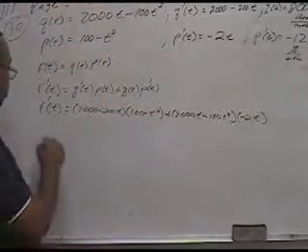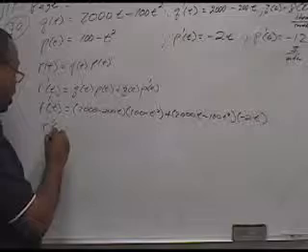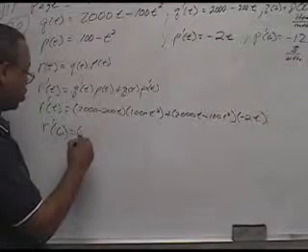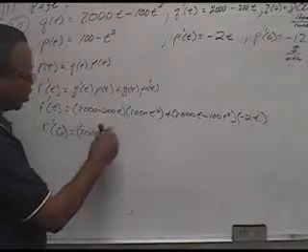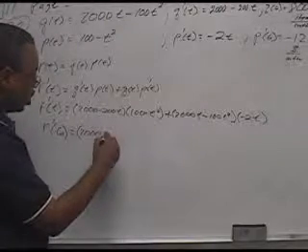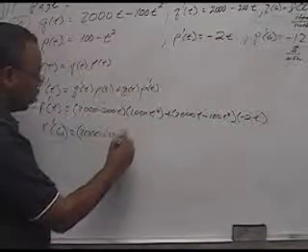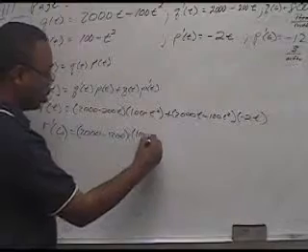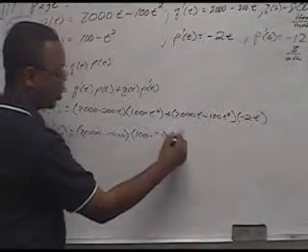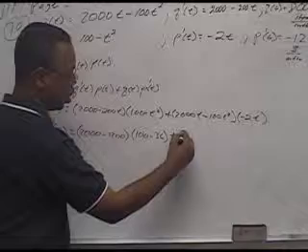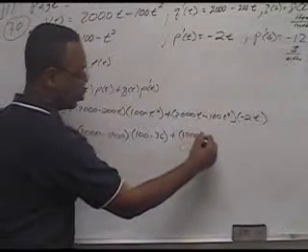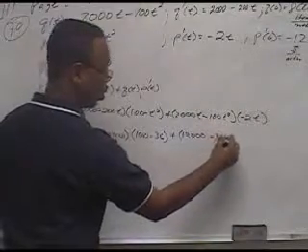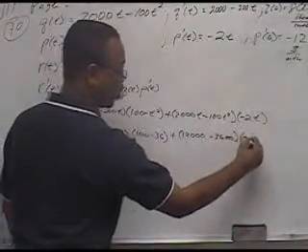Okay, so for our revenue function at the 6th month, I have to put 6 in here for all these t's. So this will be 2,000 minus, let's see, 6 times this will be 1,200, and 6 times this will be 36, so this will be 100 minus 36, and 6 times this will be 12,000, and 6 times this is 36 times 100, which is 3,600, and 6 times this is negative 12.